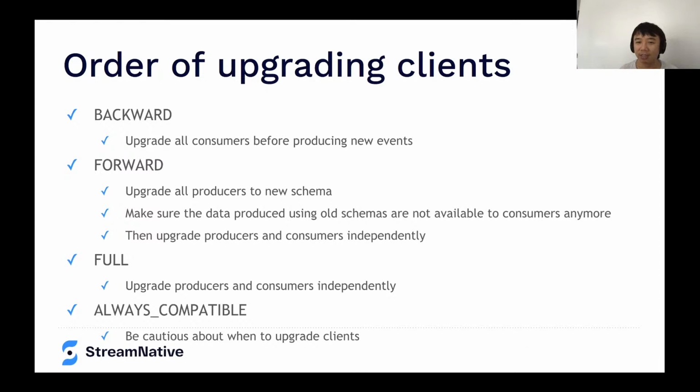That is important, because the newer schema is not guaranteed to deserialize the messages produced using the old schema. Then once you guarantee all the data with the old schema is deleted, you can upgrade consumers. Sorry, I think this is a typo.